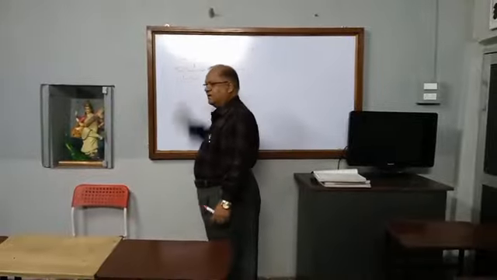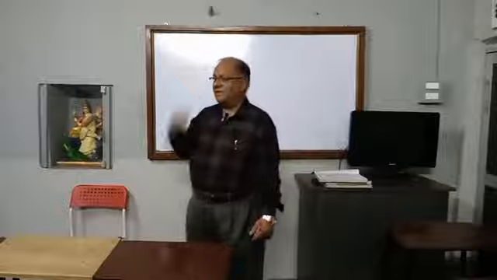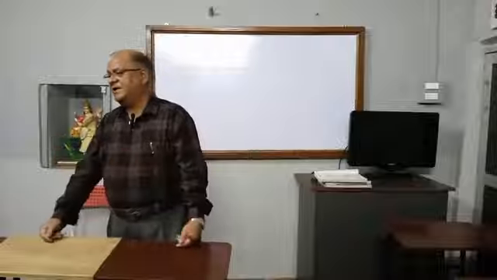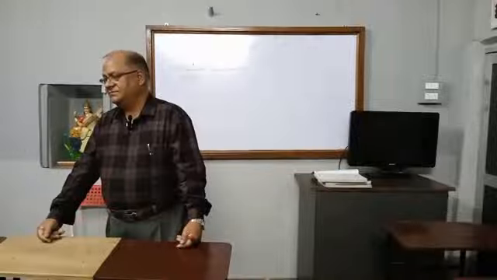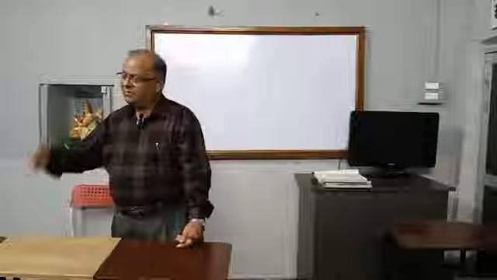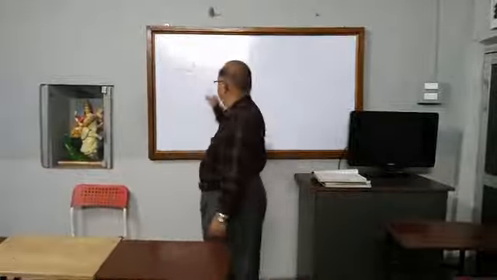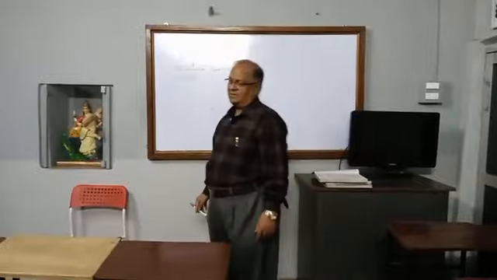The word journal has been derived from the French word jour, meaning a day. Therefore, the complete meaning of journal is daily record. Means from day to day, you write things in the journal.